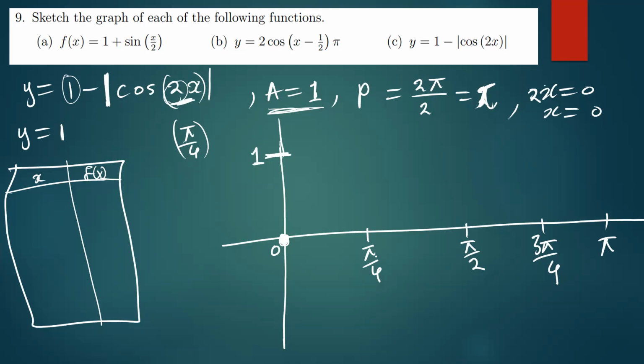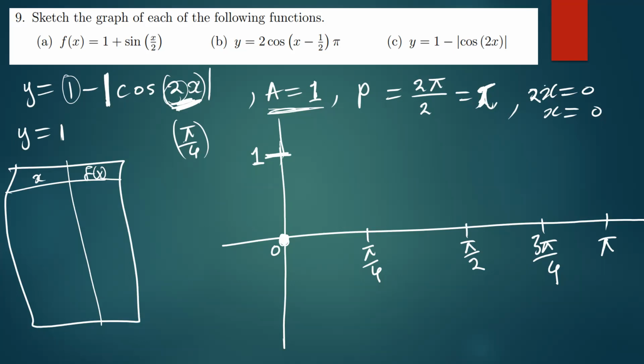And then if I put pi over 4 where there's x, I'm going to have 2 times pi over 4. That is simply going to give me pi over 2. So cos pi over 2 is simply the same as cos 90. Pi over 2 in degrees is 90.